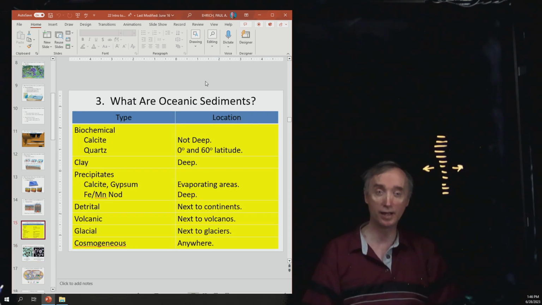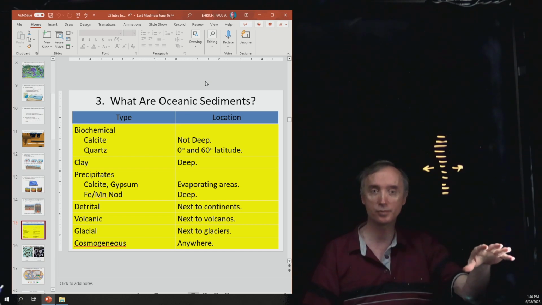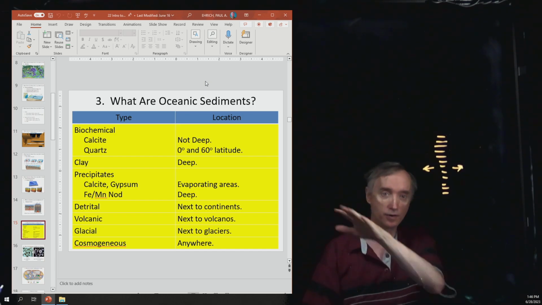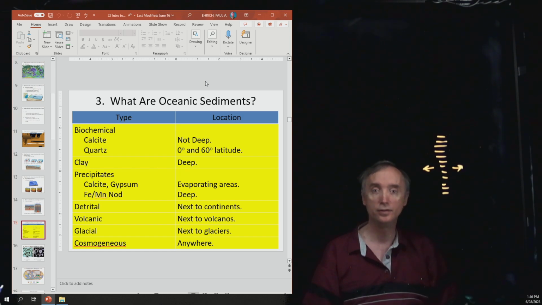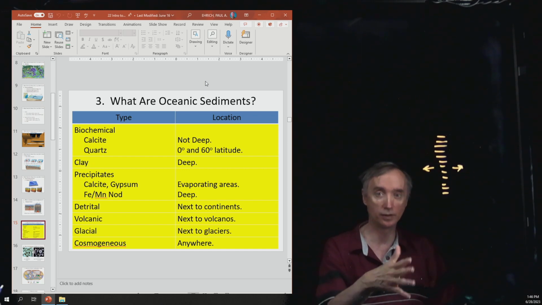Okay, then you got clay, and since clay is so very fine, it can get into the deepest parts of the oceans. It can go very, very far out away from the continents, and then it settles down. So the deepest parts of the ocean are covered in clay. Then you also have precipitates. Calcite can be precipitated on the ocean floor to make limestone.